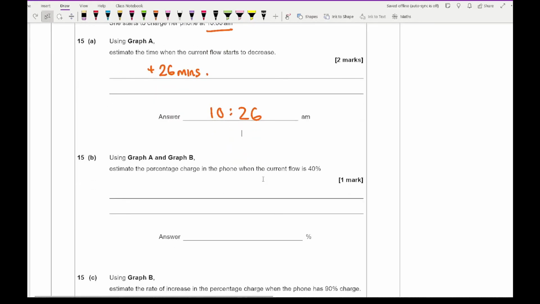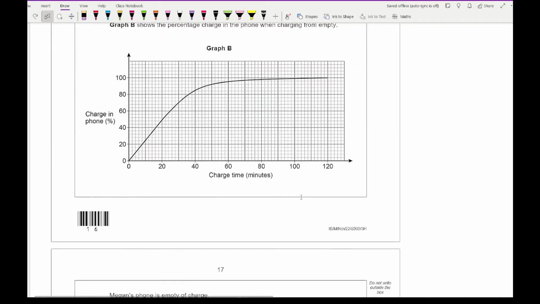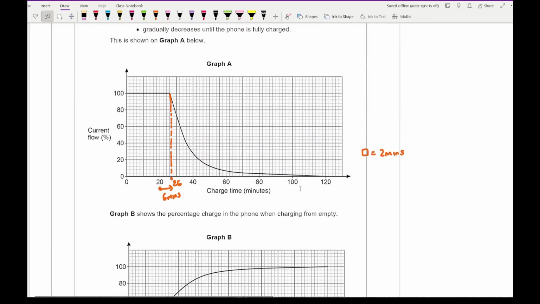It then says using graph A and B, estimate the percentage charge in the phone when current flow is 40%. For this, we need to go up to graph A. We need to go up to 40%. Let me use a different color. We want to see how much time has elapsed.